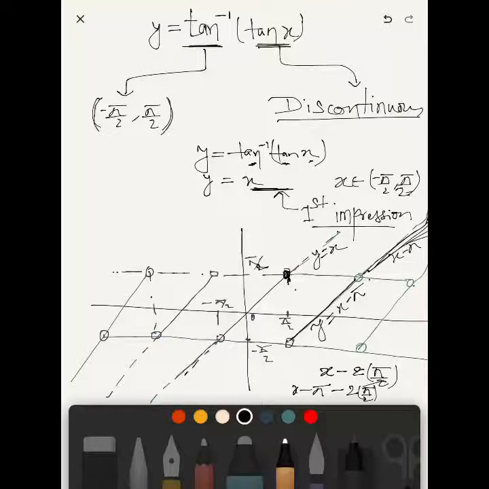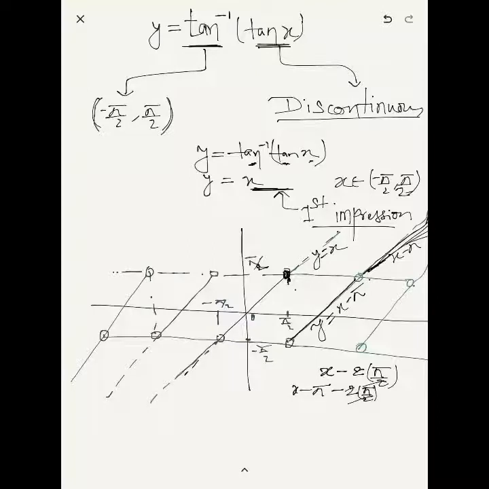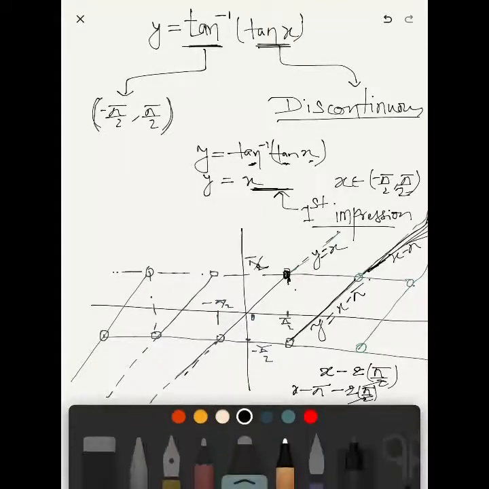So the graph is breaking from here. So when you solve this, you will have x minus 2 pi. Okay, the equation of this graph will be y is equal to x minus 2 pi.